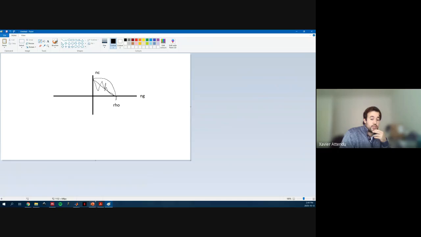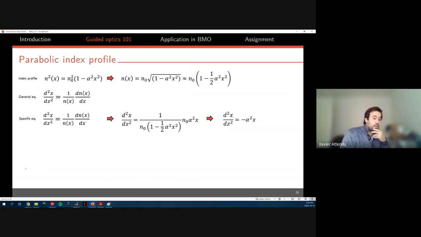Some of the really interesting profiles is the so-called parabolic profile. Now, in this specific shape, using the approximations here, when you have a square root of 1 minus something very small, which is the case here, you can approximate it as follows.